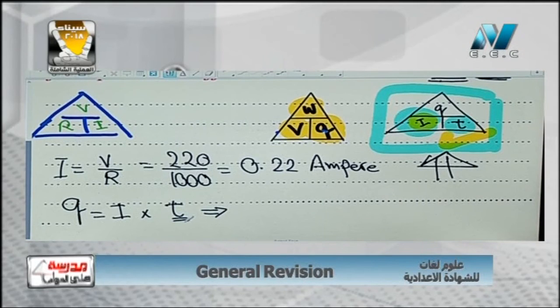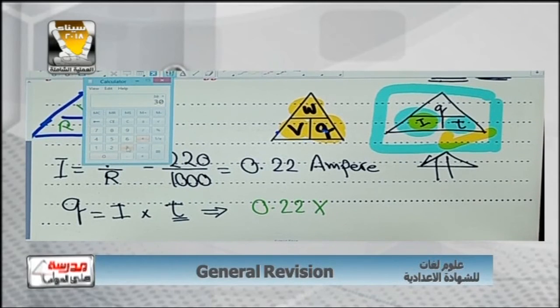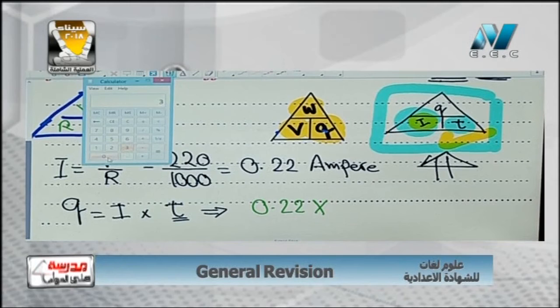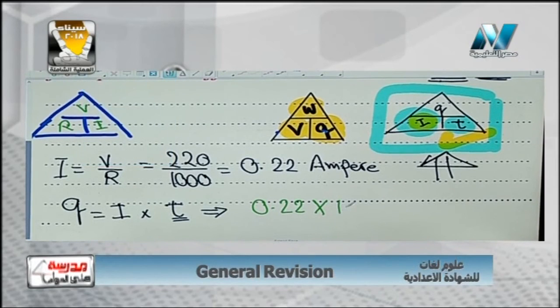Change into seconds by multiplying with 60. يبقى Q I how many? 0.22 times طبعا التايم is 30 times 60. 30 minutes times 60 seconds. نتأكد بس معلش. 1800 equal what? يبقى أنا عندي we can calculate the quantity of charge.